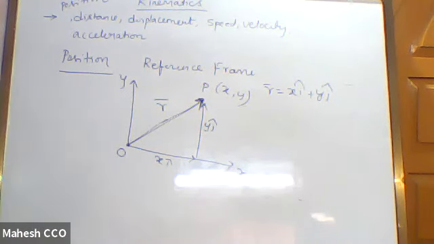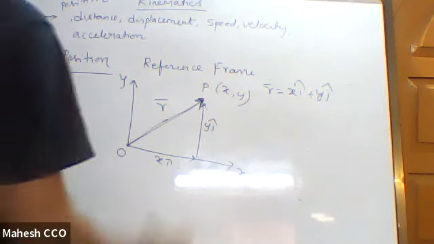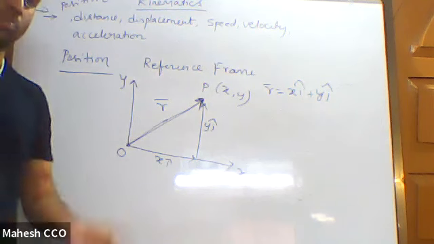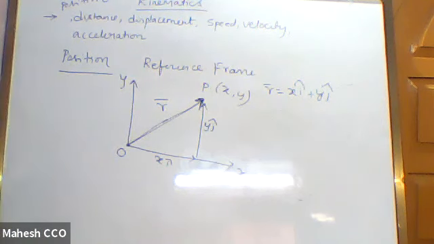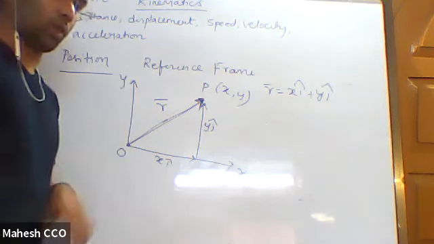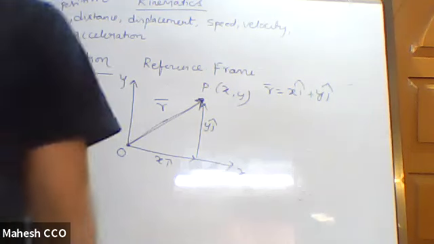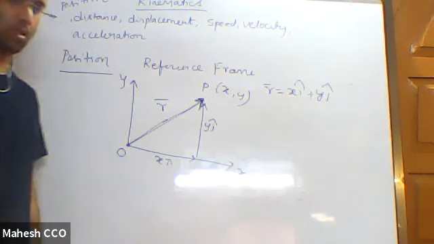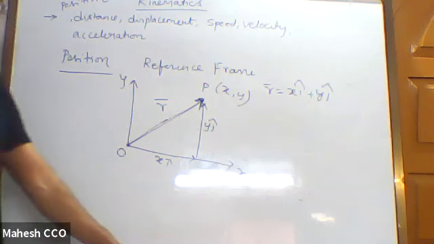Now this is because we are taking the plane of the board. If you consider space, then you will have r bar as x i cap plus y j cap plus z k cap. So if a point is at x comma y comma z, its position vector with respect to origin will be x i cap plus y j cap plus z k cap.